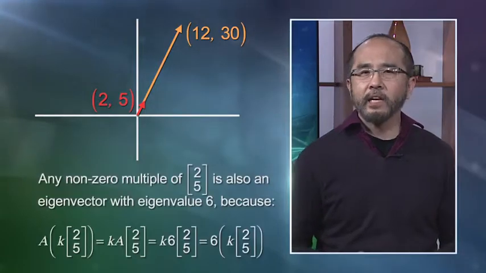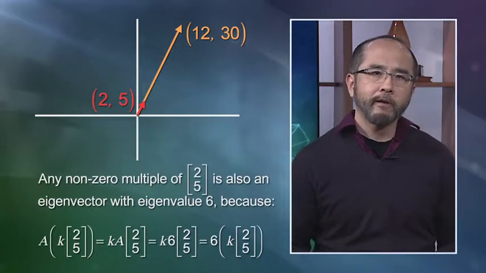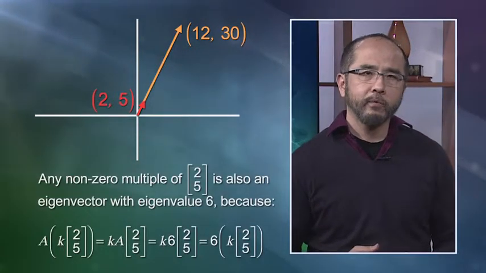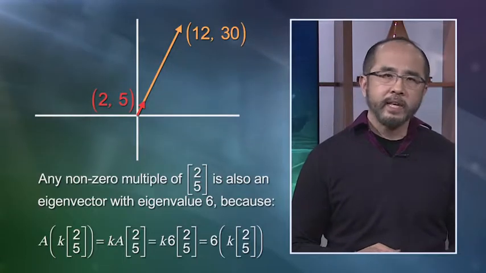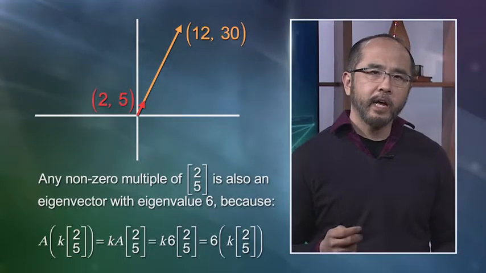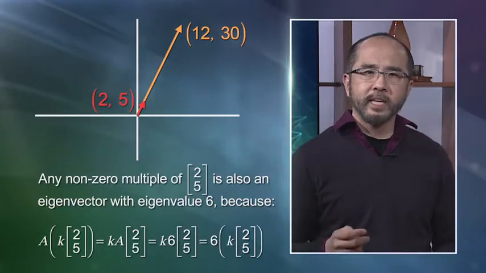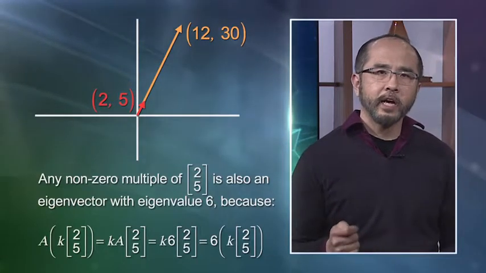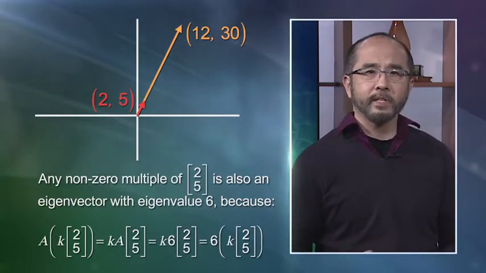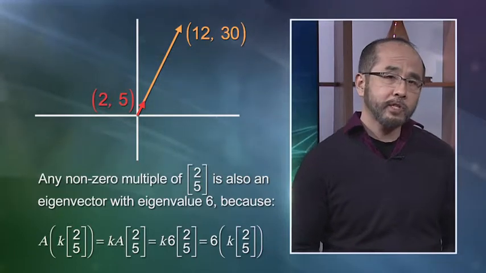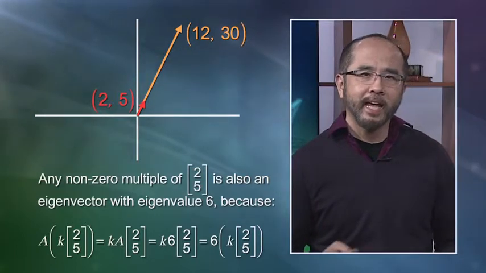For instance, any non-zero multiple of (2, 5) is also an eigenvector with eigenvalue 6, because A times k times (2, 5) is just k times A times (2, 5), which is just k times 6 times (2, 5), which is just 6 times k times (2, 5).